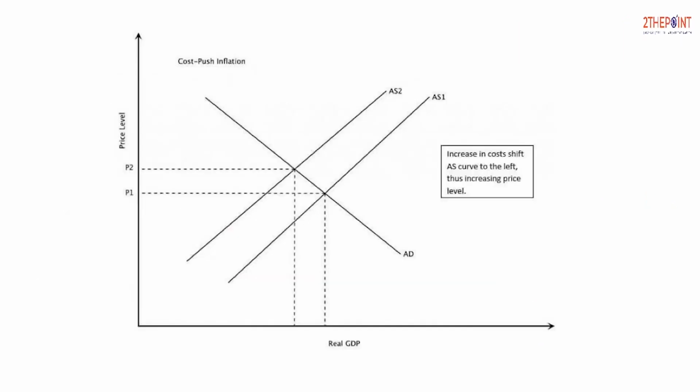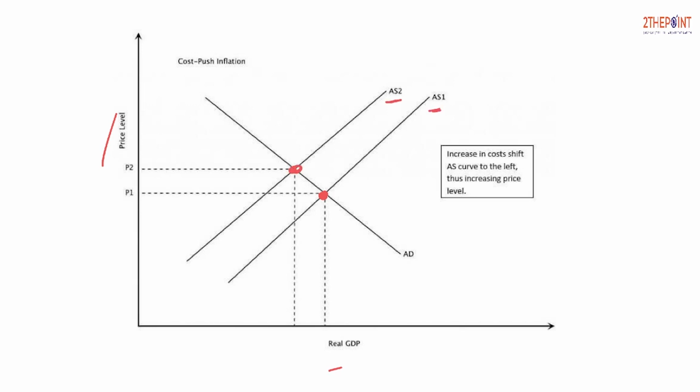Moving to the last slide for the day, that is the graph explaining cost push inflation. On the x-axis we have GDP, and on the y-axis the price level. We have aggregate demand, which is downward sloping, and aggregate supply, and equilibrium is met over here. Now in cost push inflation, there is a shortage of supply, so the supply moves from AS1 to AS2.